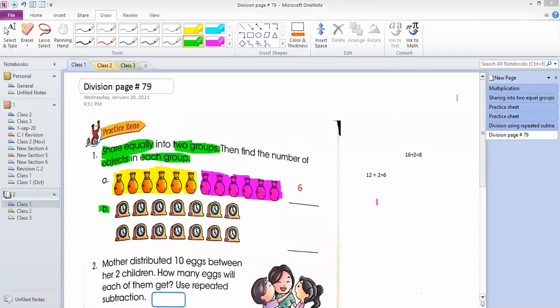There are a total of 14 clocks, okay? 14 divided by 2 equals 7. 7. How do you know? Divide one by one. That's very good.